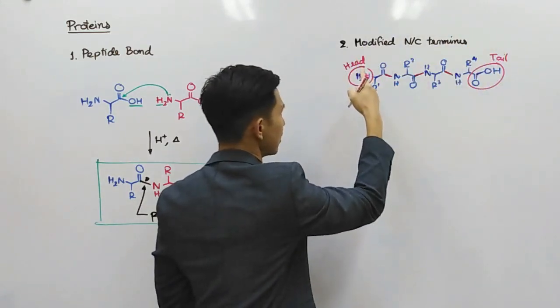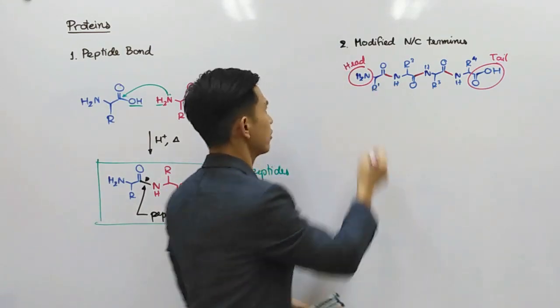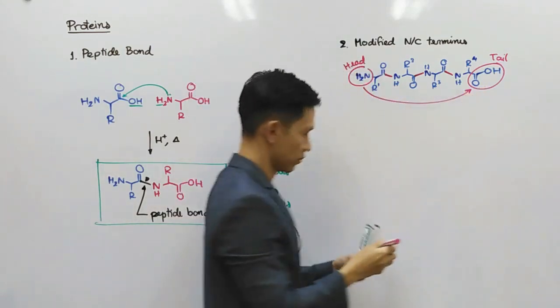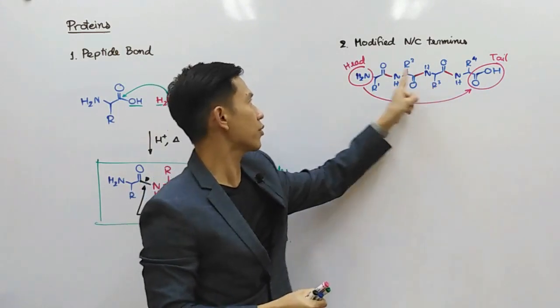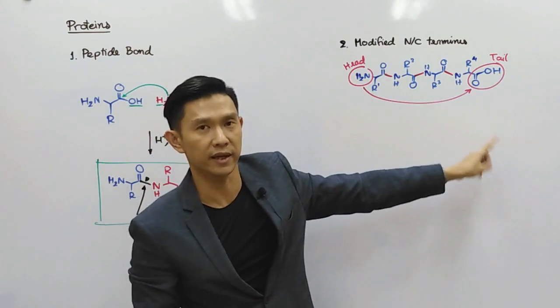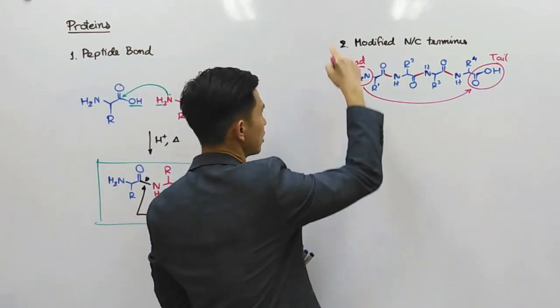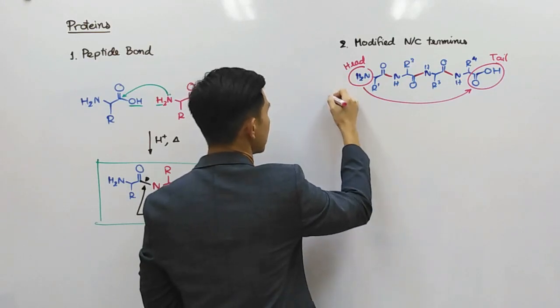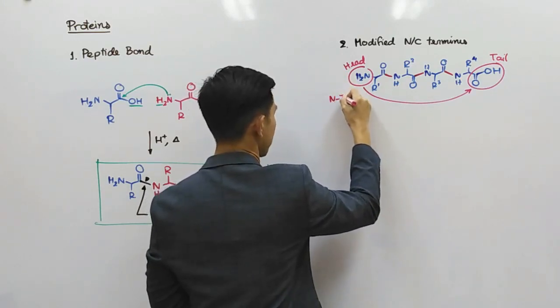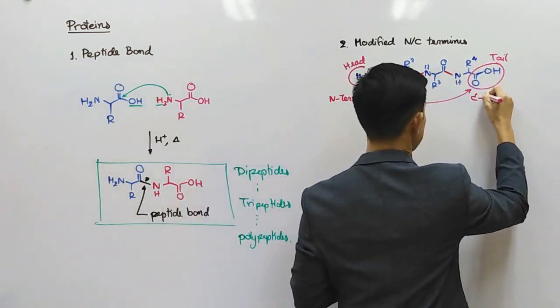So this is amino acid number 1, number 2, number 3, and then number 4, from head to tail. We count from the amino group to the end carboxylic acid. The head is not only called the head group, we can call this the N terminus. And this is the C terminus.